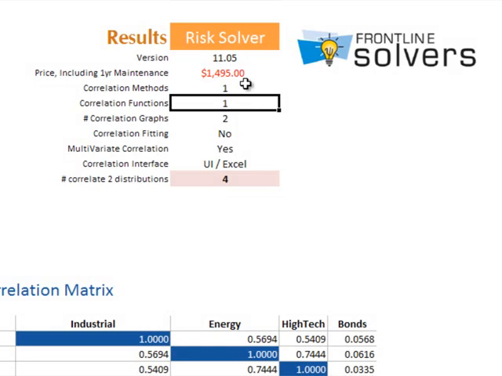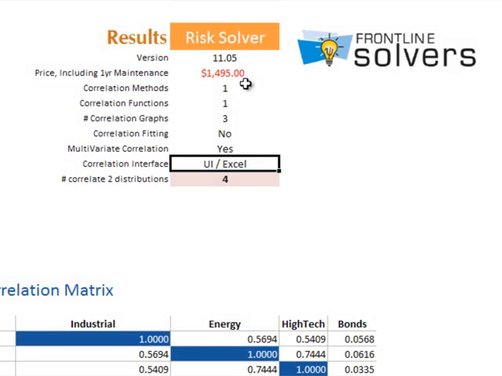They have one correlation function, which is used as the matrices. The correlation graphs are, well, we have Pearson's and we have Spearman's, and I guess we have the scatter, so we have three over here. We do not have correlation fitting. Multivariate correlation, yes, through the matrix.